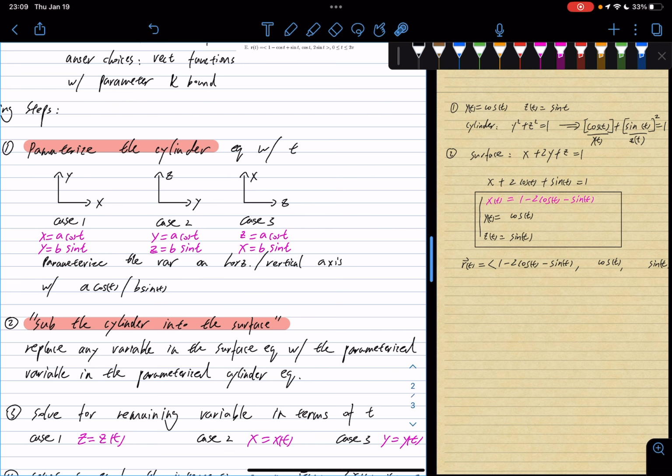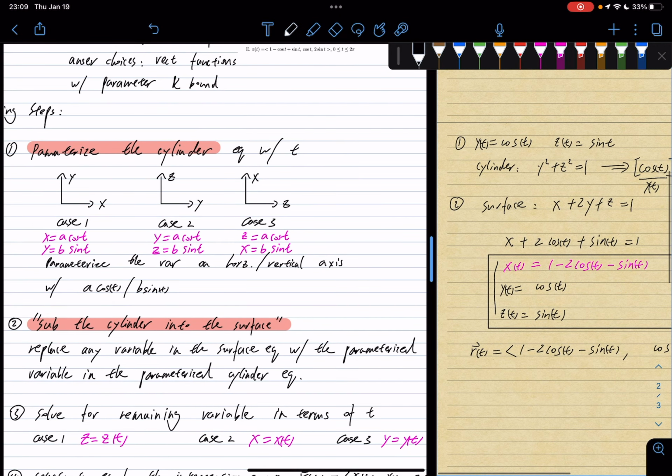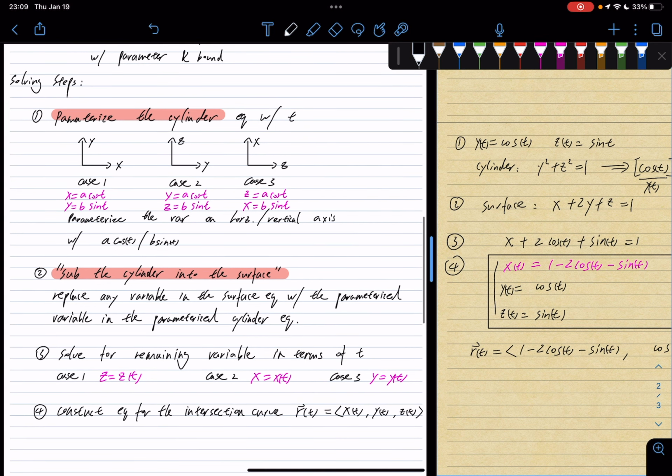In step 3, we solve for the variable in terms of t. Step 4 is just wrapping it up: construct the equation of the intersection curve.